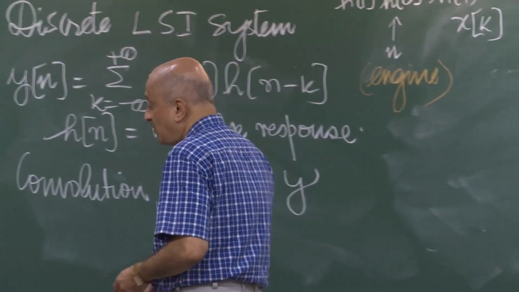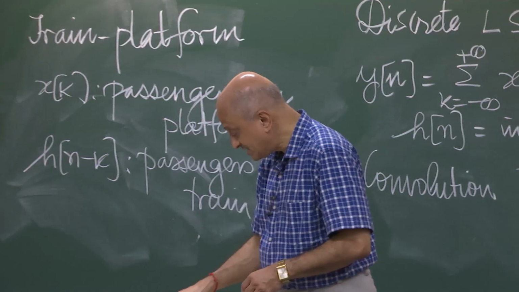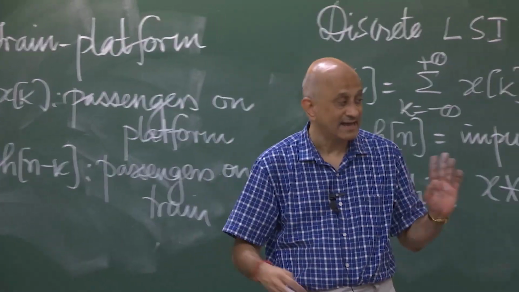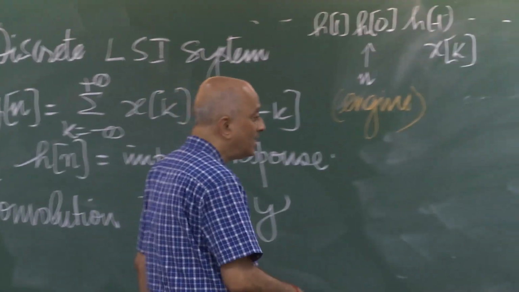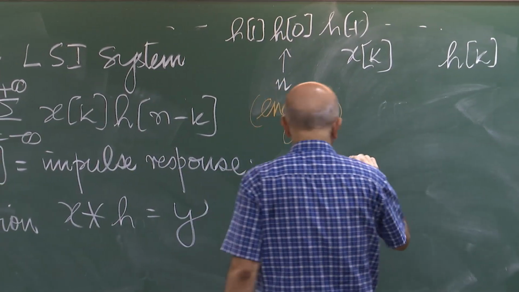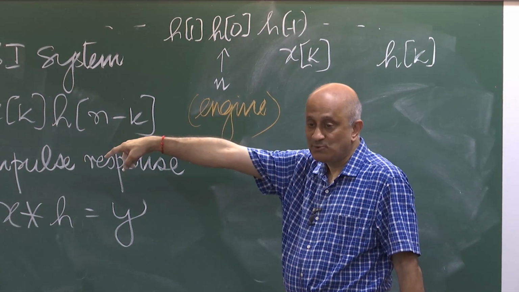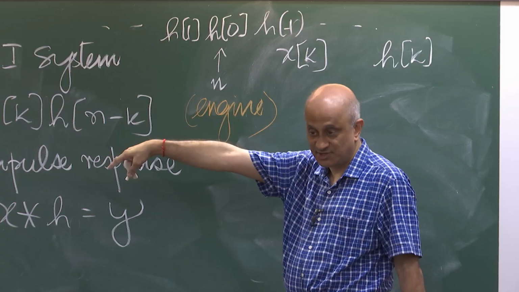Now, how do you generalize this to continuous time? That means, if you have a continuous time system, how do you generalize these ideas? Well, that is very easy. Instead of summation, you need to do integration, right?